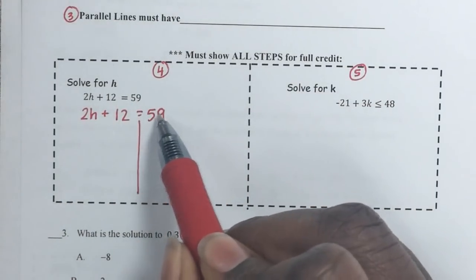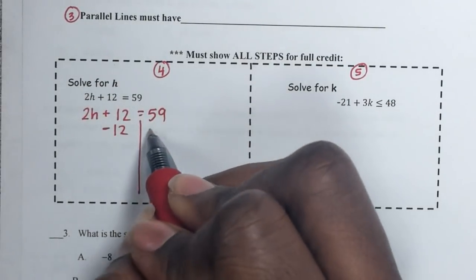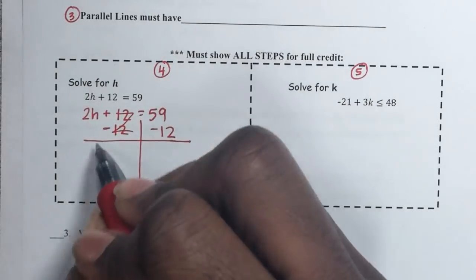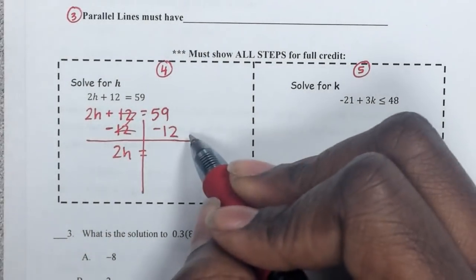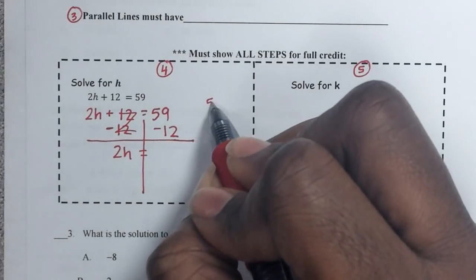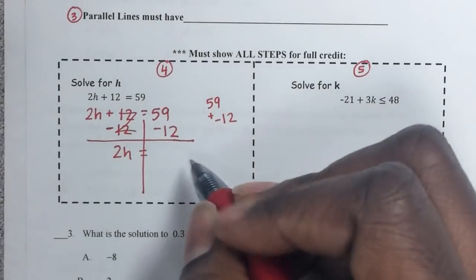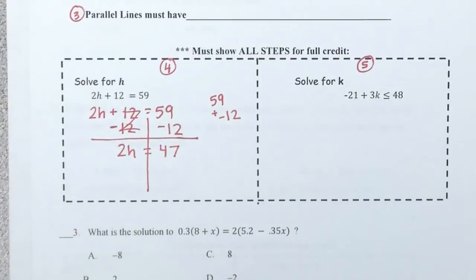You need to be doing the opposite of the 12, which is minus 12 from both sides. This makes a 0 pair. We're left with 2h equals 59 take away 12, or you could look at it as 59 plus a negative 12. And if you combine that together, that would be 47, I think, hopefully.